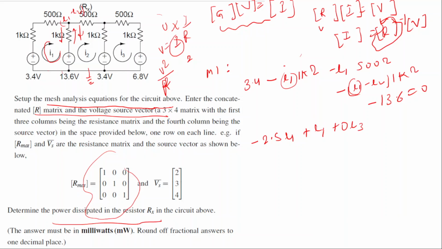So this is I2 plus 0 times I3 equals 13.6 minus 3.4. So it will be equal to 10.2 volt. Okay, so this is our equation 1.